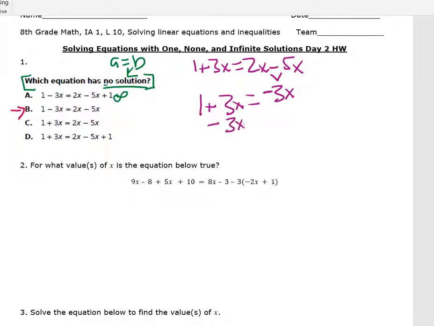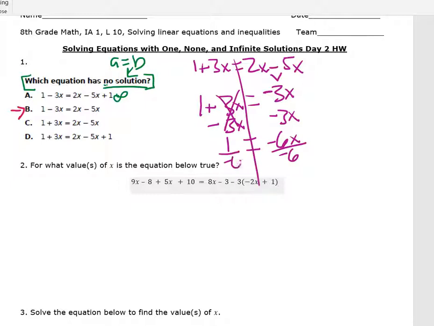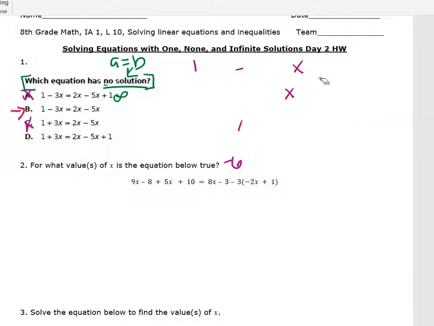I'm going to subtract 3x from both sides, and negative 3x minus 3x gives me negative 6x. Don't get fooled by that. So I have 1 is equal to negative 6x. I divide both sides by negative 6, and I'm left with x is equal to negative 1 over 6. So that has one solution. I've already crossed out A, and I know that C is not my answer. I'm going to take a look at D.